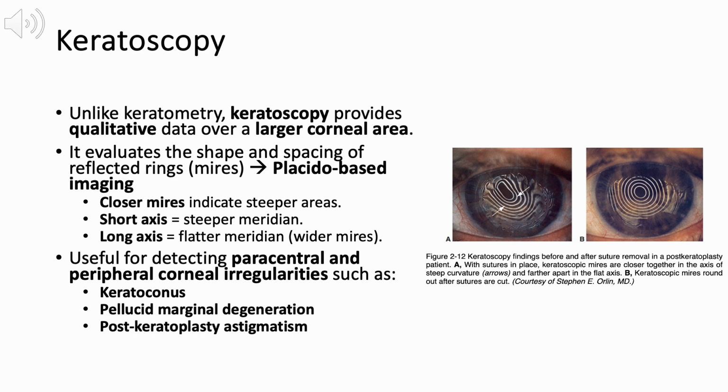Keratoscopy is particularly valuable for identifying paracentral and peripheral irregularities, which may be missed on central keratometry. It is especially useful in diagnosing conditions like keratoconus, pellucid marginal degeneration, and post-keratoplasty astigmatism.